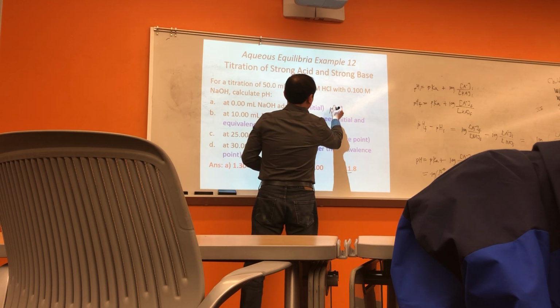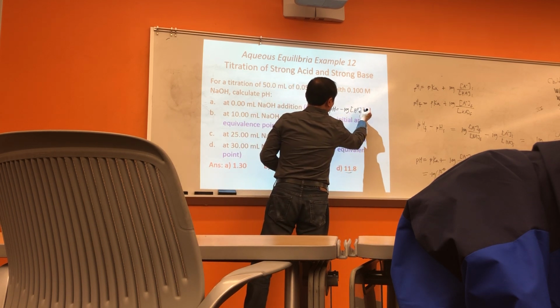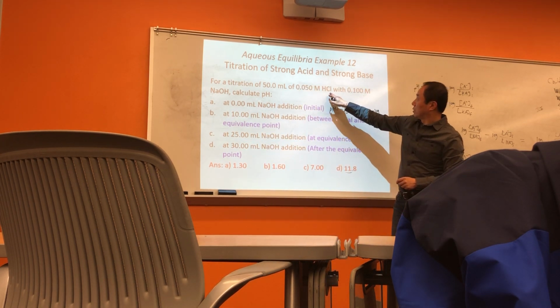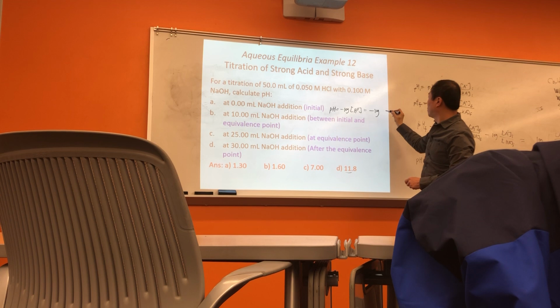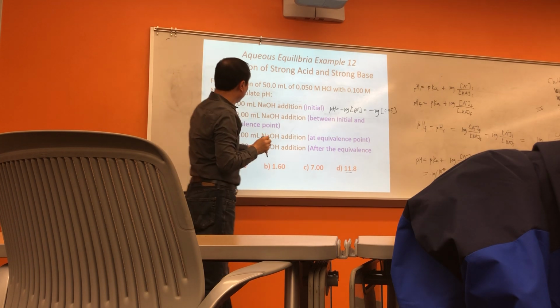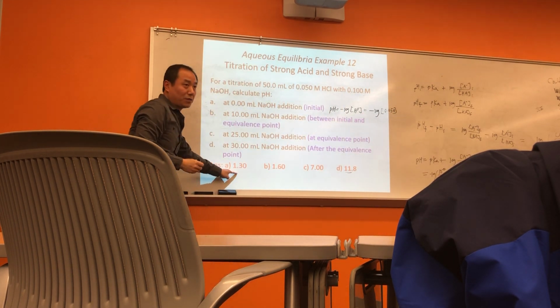So pH for strong acid is negative logarithm of hydrogen concentration. So negative log, and then concentration of acid is 0.05. Right? So if you do that calculation, you're gonna have this number.